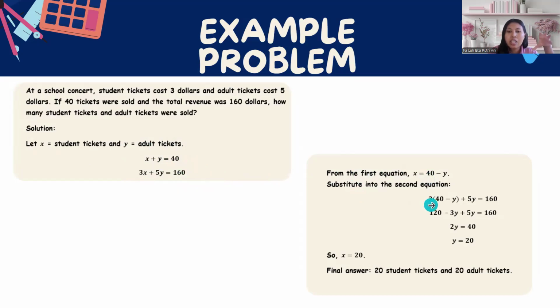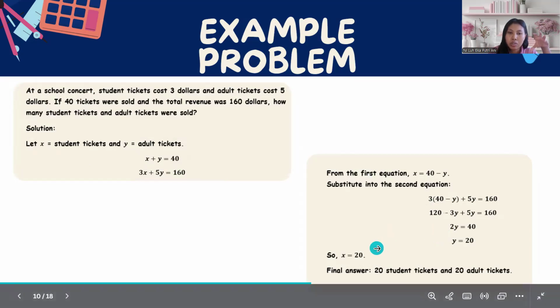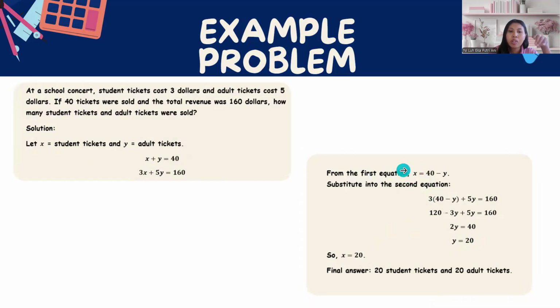We get 3 times (40 minus y) plus 5y equals 160. And we get 2y equals 40 and y equals 20. So x is equal to 20, because if we substitute this value into the equation, we get x equals 20.